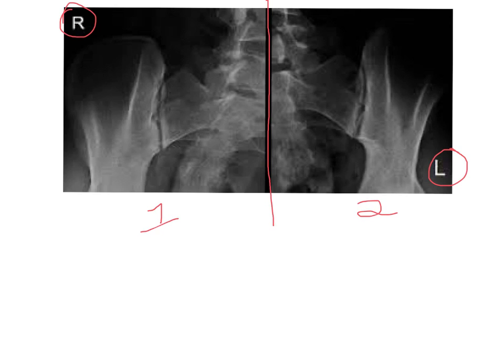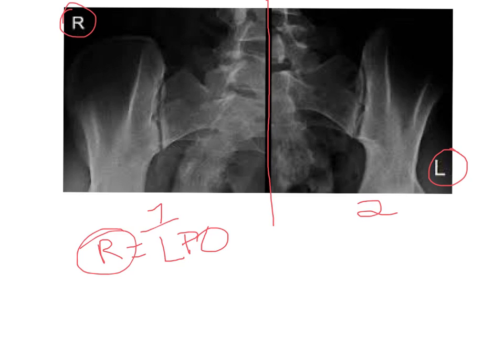So this R indicates that we're looking at the right side SI joint because you always mark the side of interest when you're doing these projections. But if we're doing these posterior obliques, we're looking at the upside SI joint, which means we are doing an LPO position. So the patient is LPO, which means we're looking at the right-sided SI joint.